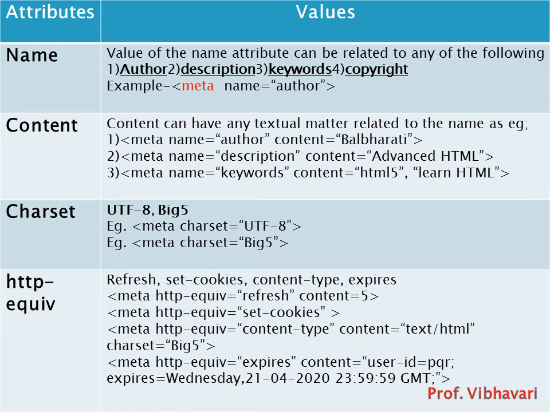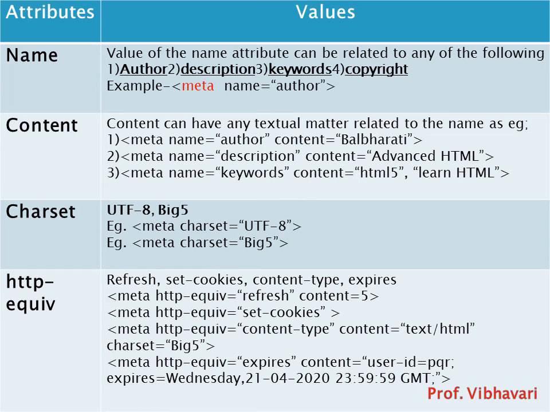When we assign meta http-equiv equal to refresh and we include the content equal to 5, it means that when the code is executed, it refreshes the same page every 5 seconds. And next, the meta http-equiv equal to set-cookie sets the cookies for each and every site in your machine.